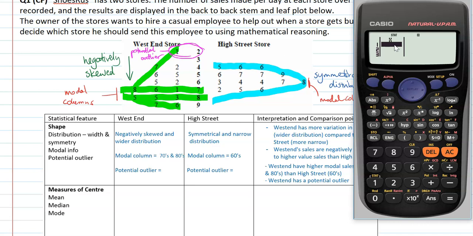So for West End, I'm inputting 21, 42, 47, 55, 56, 62, 65, 71, 76, 78, 83, 85, 85, 96, and 97.